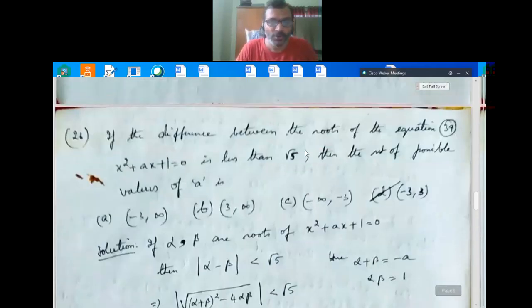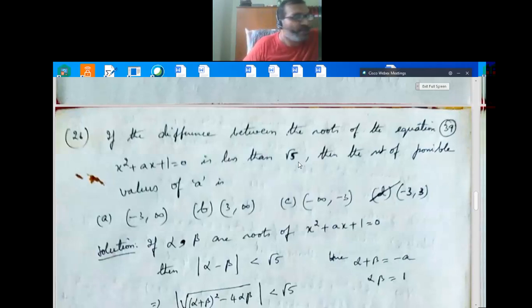If the difference between the roots of the equation x squared plus ax plus 1 equals 0 is less than root 5, then the set of all possible values of a is: minus 3 comma infinity, 3 comma infinity, minus infinity comma minus 3, and the fourth option is minus 3 comma 3. Hope you understood the question.